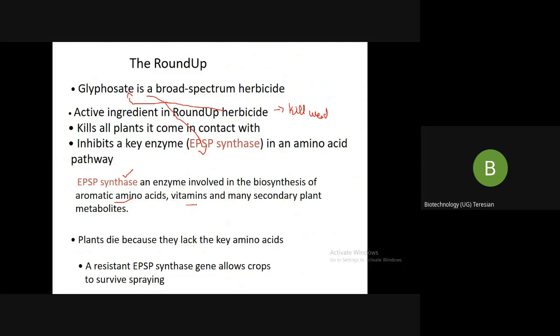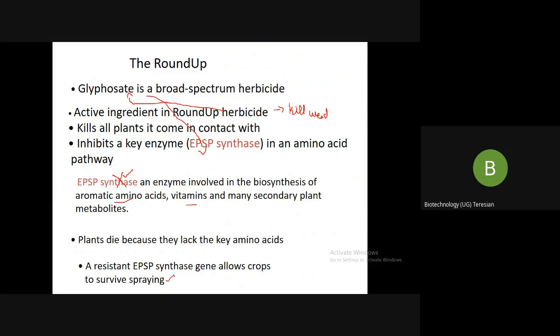Now, if your herbicide glyphosate is going to destroy this EPSP synthase, obviously my plant is going to die. It may be an unwanted plant, or a weed, or even my crop plant, because everyone has this EPSP synthase. So the plant died because it lacks the key enzyme. A resistant EPSP synthase gene allows the crop to survive the spraying.